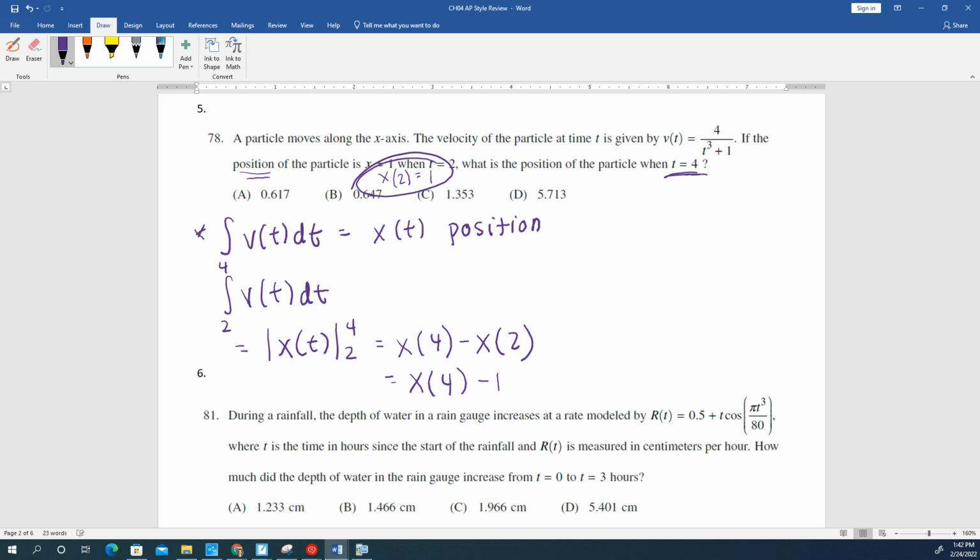It's 1. So I'm going to calculate this integral, and I know it's equal to the position at 4 minus the position at 2. That integral is the same thing as that, so I'm going to plug in the actual velocity.